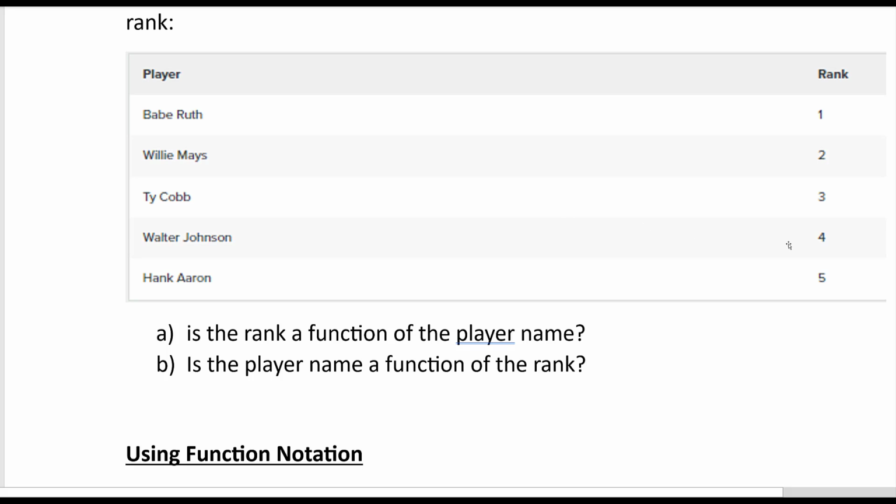Then Ty Cobb. Then Walter Johnson. Then Hank Aaron. Is the player name a function? Yes, because the name leads to a rank. Now, if we were to have two people tied for the same rank, then it wouldn't. But in this case, each rank only has one player. So the answer is yes and yes.